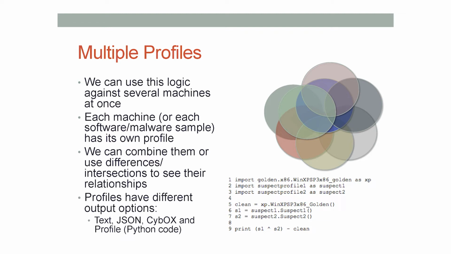And we're able to play with them using this different set logic and figure out what the relationships are between all of these items. And you see that most of the time it's just a few lines of code. These profiles are things that actually live external to Volatility. You can import them into Volatility and use them, or you can play with them offline. And here, this is what we're doing, just playing with them offline outside of Volatility.